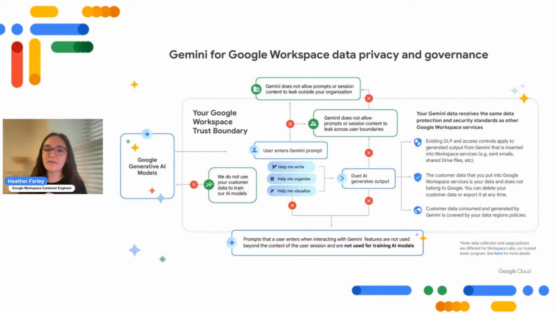Do you have device policies, or context-aware access policies, to ensure that the right folks have access to the right information at the right time? If you have these security settings already rolled out within Google Workspace, they'll automatically be deployed as you roll out Gemini.